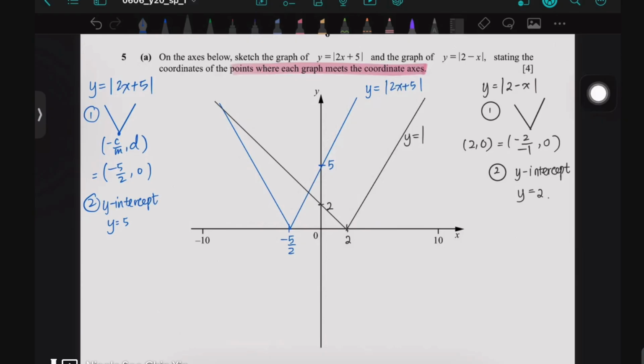So y equals modulus 2 minus x. Okay, how the marks are given: y equals 2, y equals 5, x equals 2, x equals negative 2 over 3, negative 2.5.